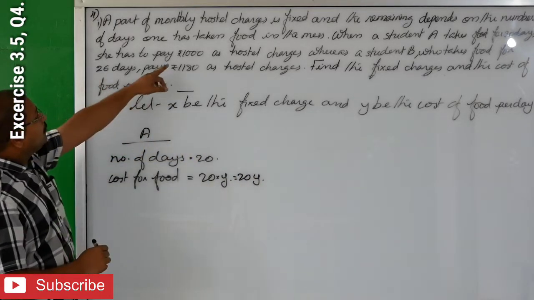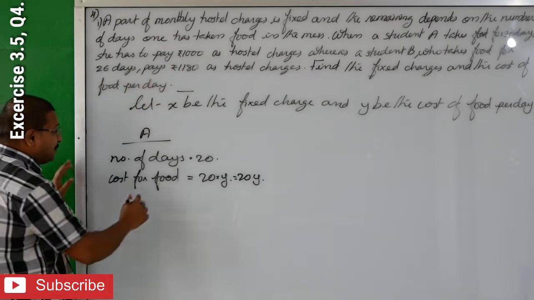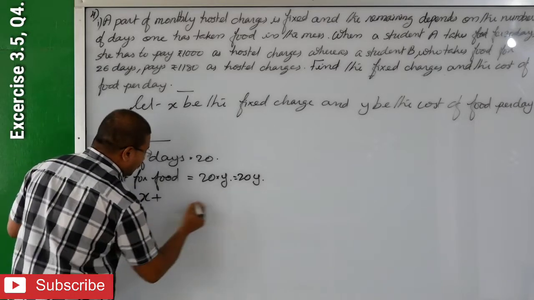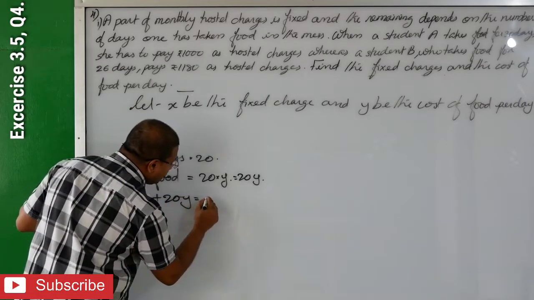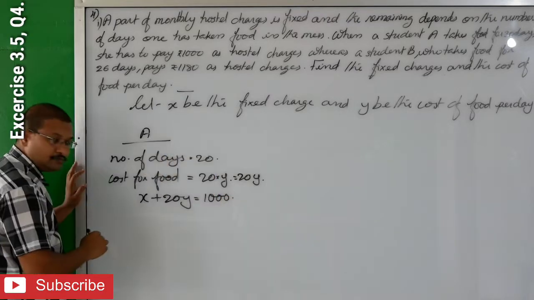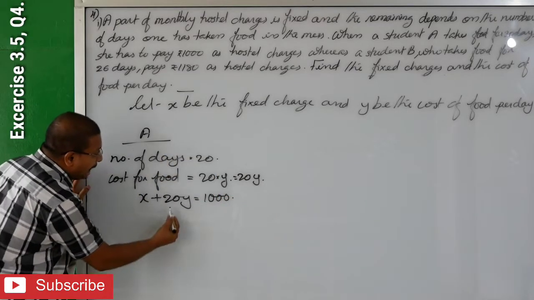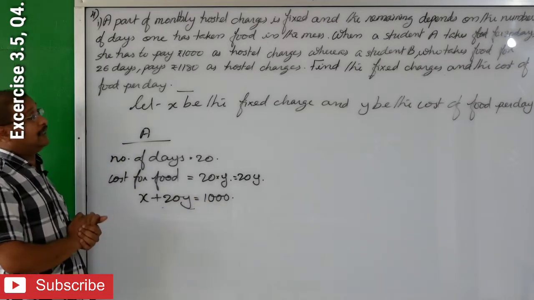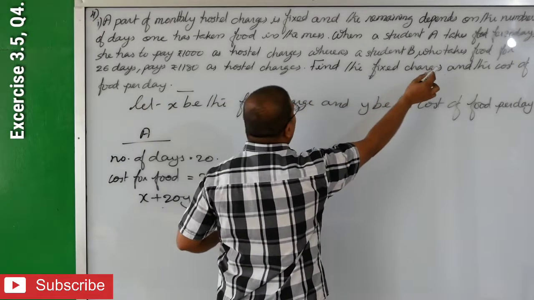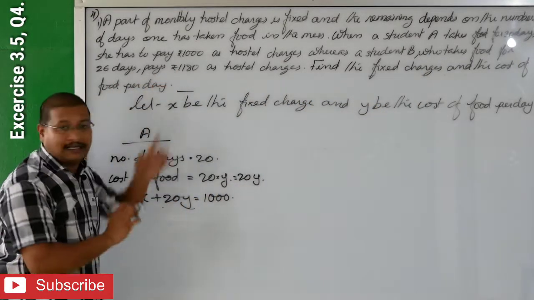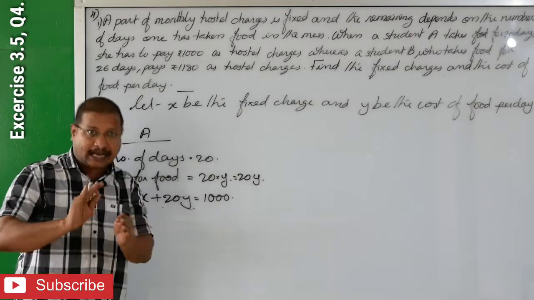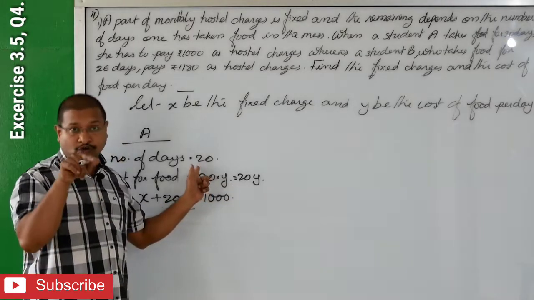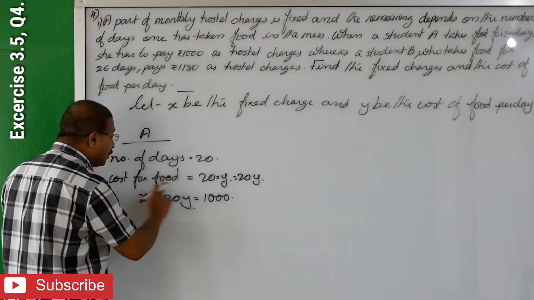Now, A spent 1000 rupees for the hostel charge. That means what you will do? The fixed charge plus charge for food, 20Y, equals rupees 1000. Because A should pay the fixed charge and the cost for the food. That means X plus 20Y equals 1000. We know that there will be a fixed charge, that is X. After that, 20 days she took food, that means 20 into Y is the cost for the food.